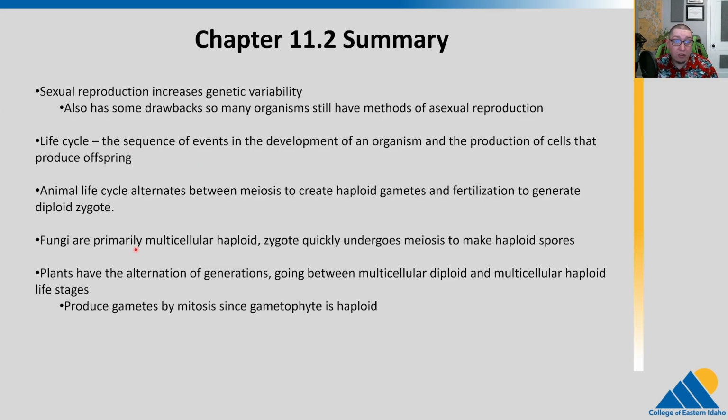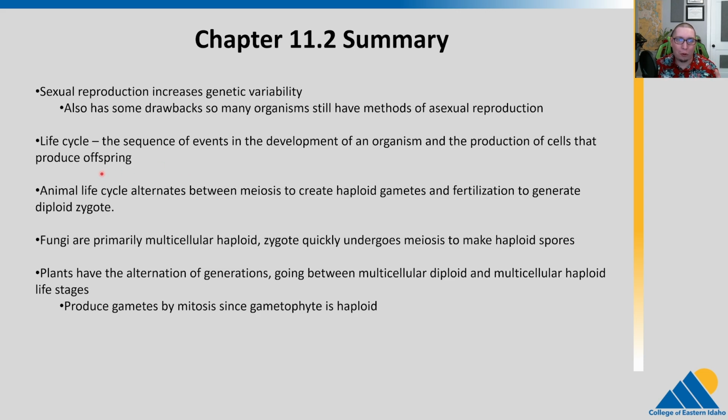A life cycle is the sequence of events in the development of an organism and the production of cells that produce offspring. So that's real vague because, as we saw, life cycles can be very, very different. We didn't even touch on single-celled eukaryotes, which do really weird sexual stages.